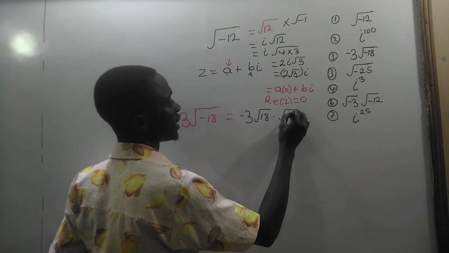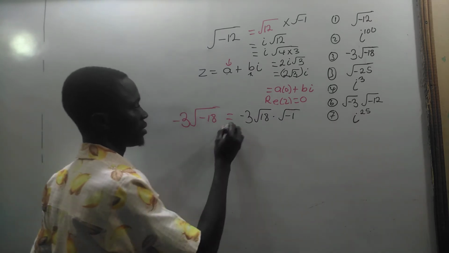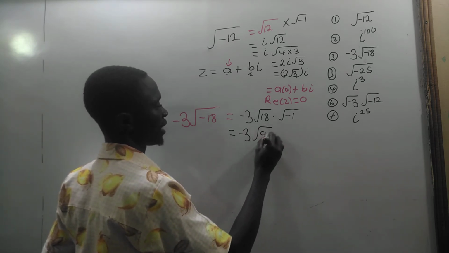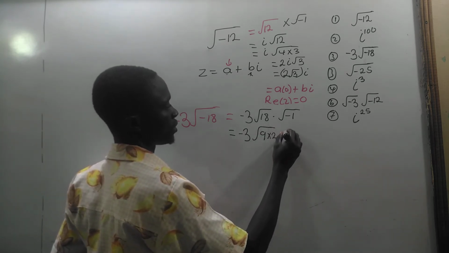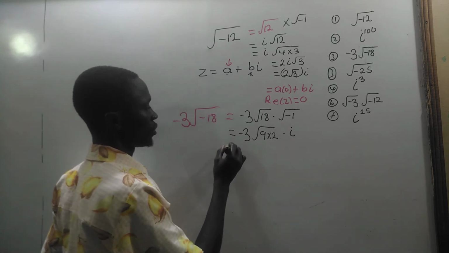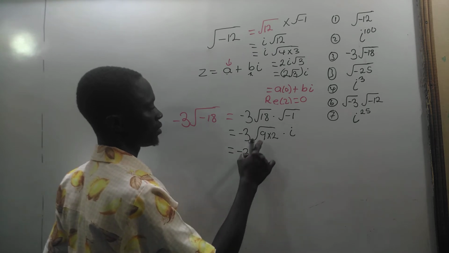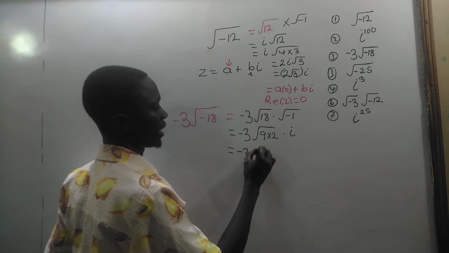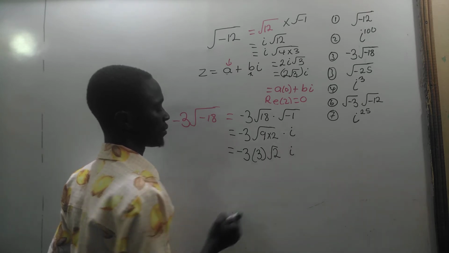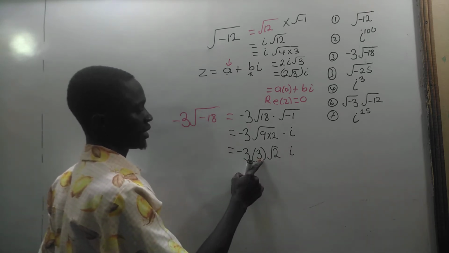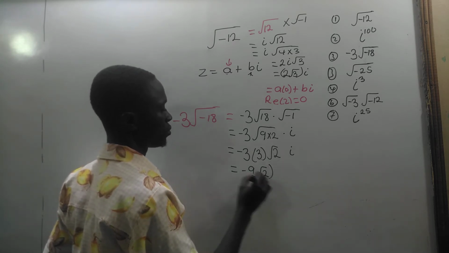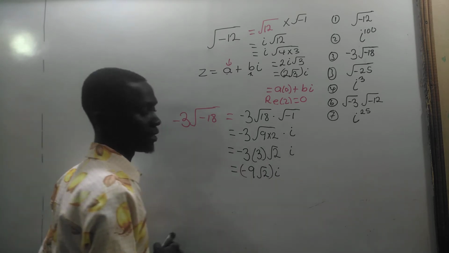This is the same as minus 3, square root of 9 times 2, then times i, because the square root of negative 1 is i. So this is minus 3 times root 9 is 3, then you have root 2 times i. Negative 3 times 3 will give us negative 9 root 2, then we bring i here.